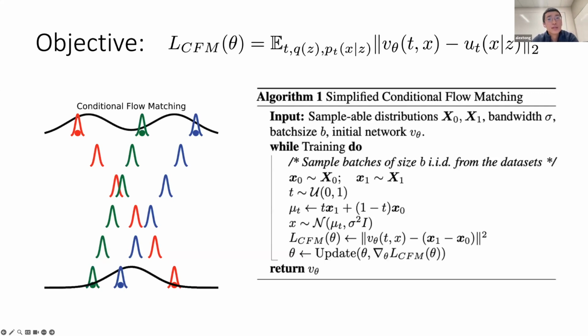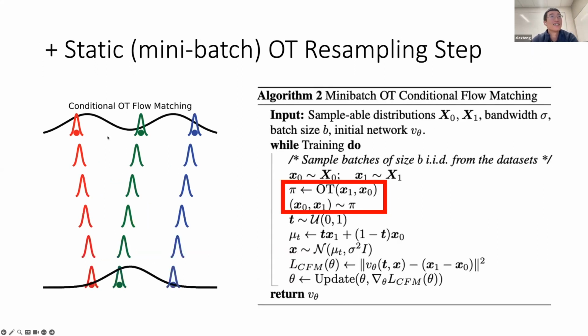The simple thing that we've been working on is, instead of just sampling from both of these and constructing the paths, to do a resampling step. You calculate an OT map between time zero and time one, which we call pi. This is a matrix, basically a permutation, which you can then resample from.